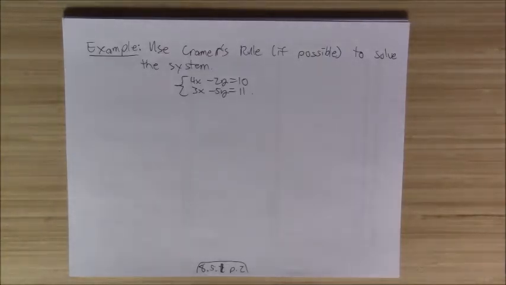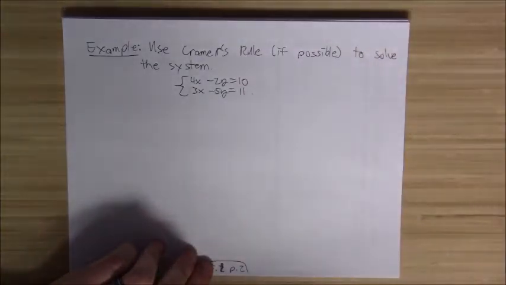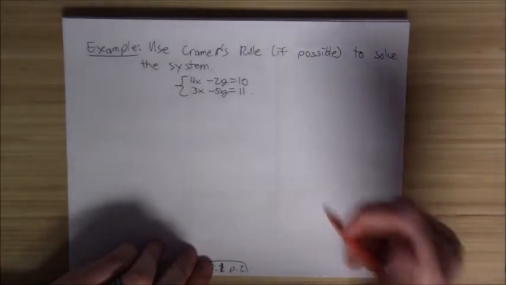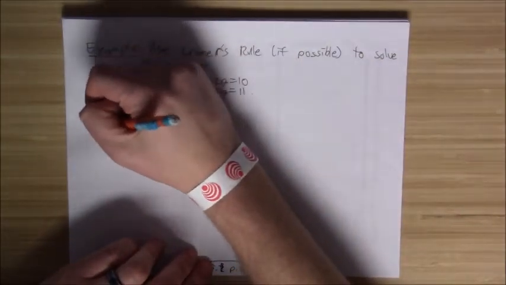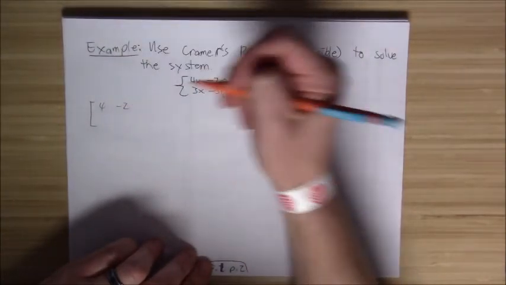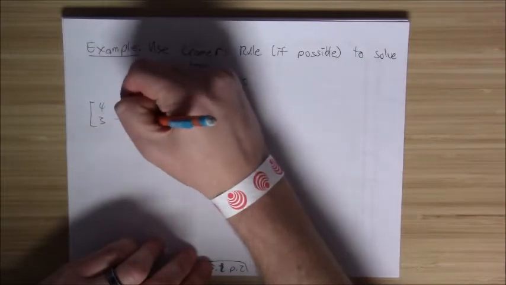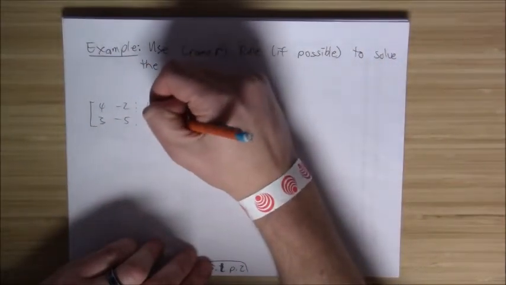So for example, let's try solving a system out using Cramer's rule. Here first, it's helpful to write out all of our coefficient matrices. So let's write down the augmented matrix: 4, -2, 3, -5, 10, 11.